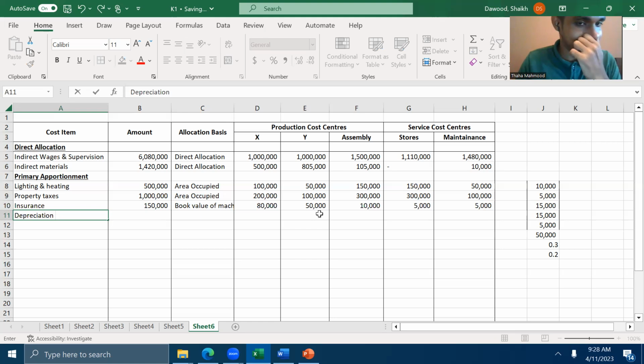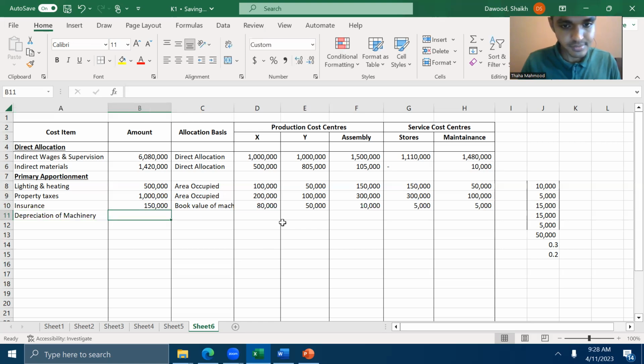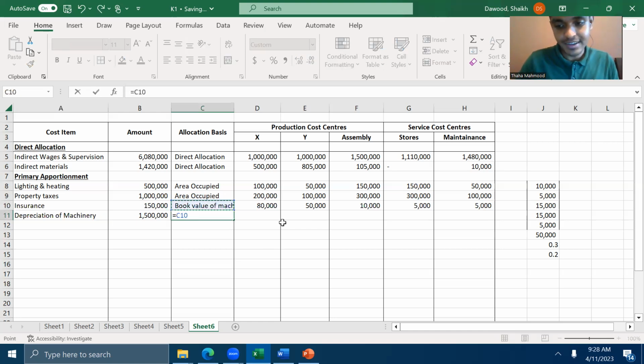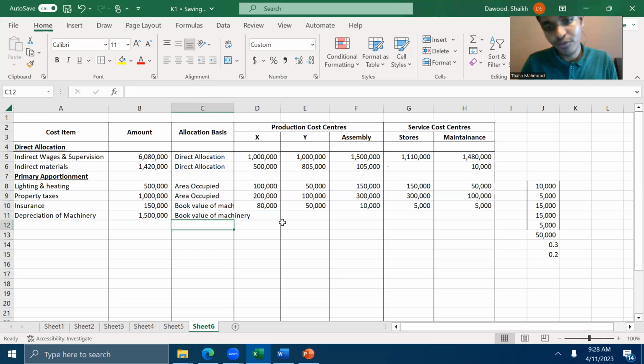I will talk more because we might upload this. Depreciation of machinery, also the best basis is the book value of machinery. The more book value, the more the depreciation, and those amounts would also be like this one.